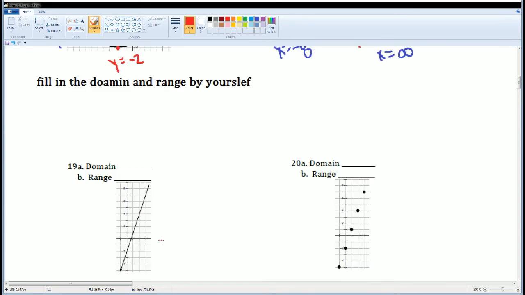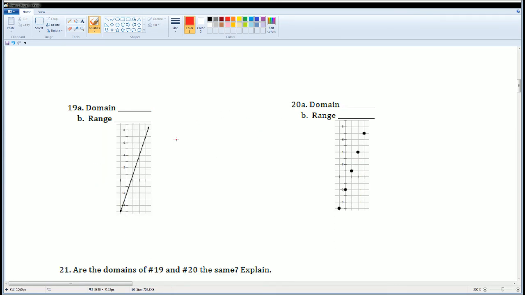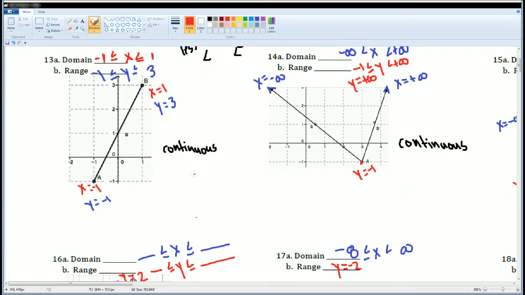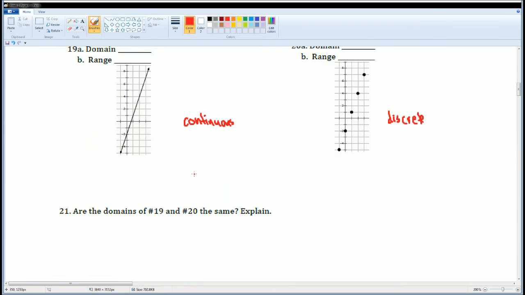All right. So this is actually very easy here. Okay. So let me just tell you that this is going to be continuous, and this is going to be discrete. For this one, for 19, you can look at 13.